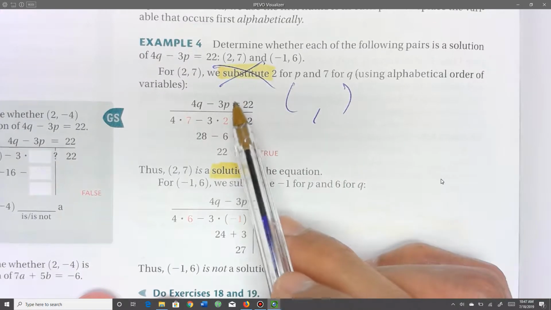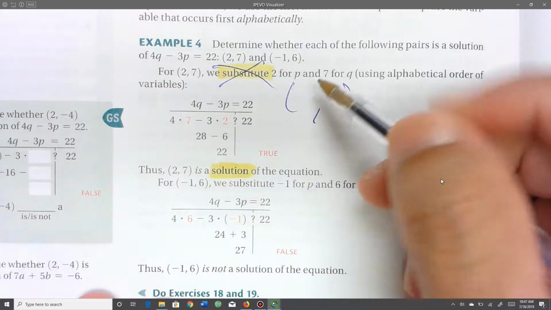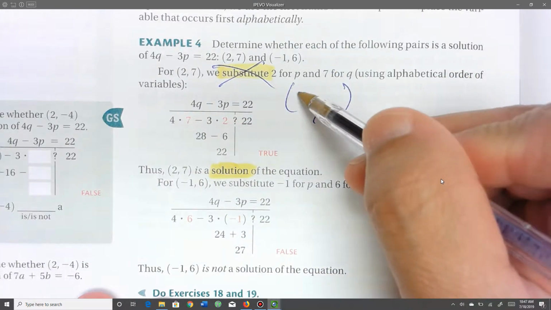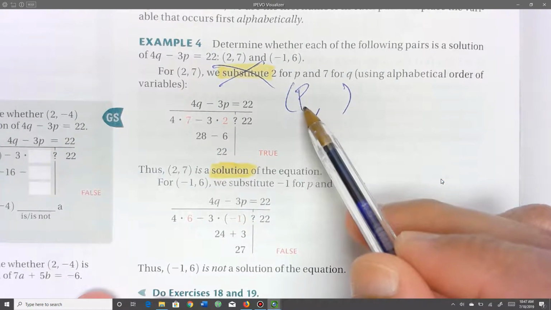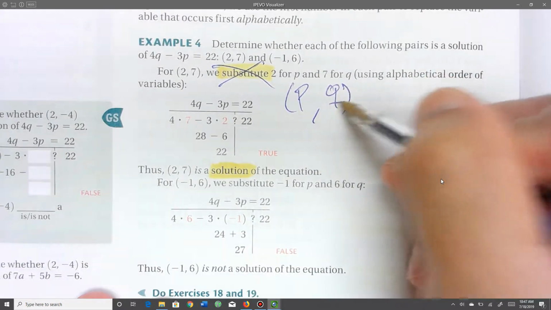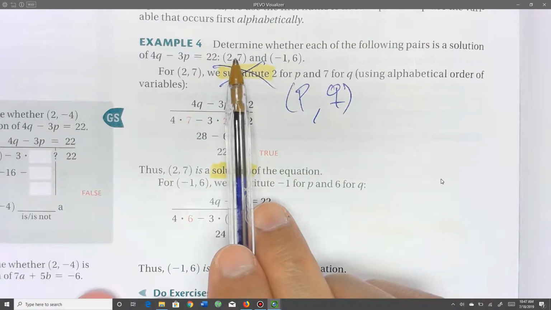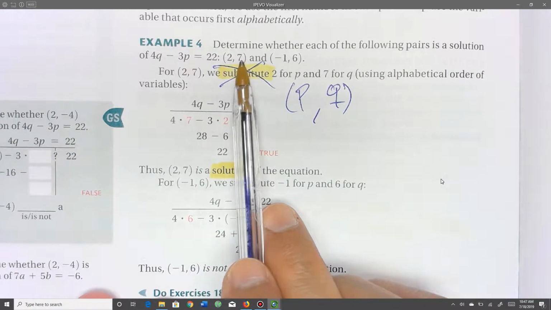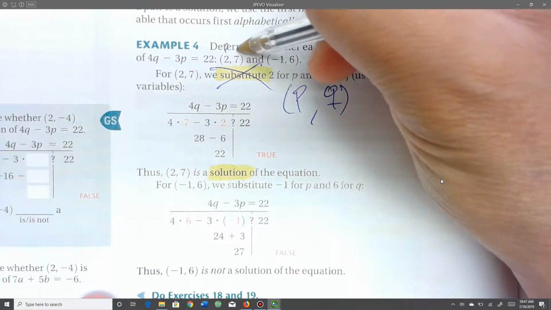Okay, so if I'm using P and Q, P comes first in the alphabet, therefore you have to write it first. Okay, therefore this is going to be your first variable, and then Q. So in this case, your P is 2 and your Q is 7.